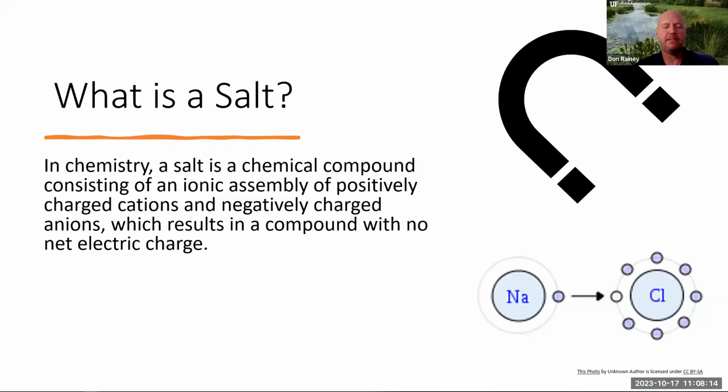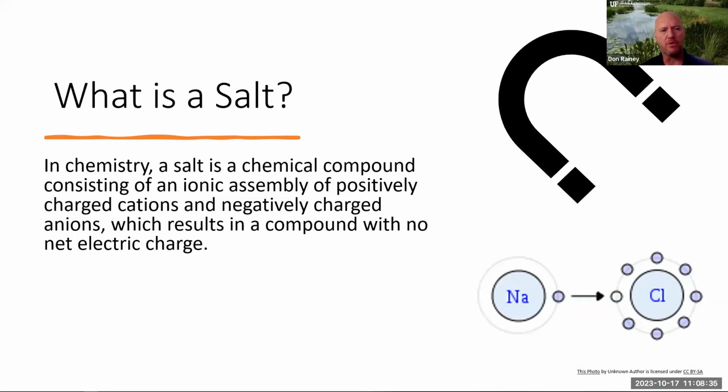When I was a kid, when you heard salt, it was just table salt. You didn't think any more about it, and then in school, it's NaCl, that's sodium chloride. But there's actually a whole host of other compounds that we consider salts. Let's go back to our chemistry days real quick.